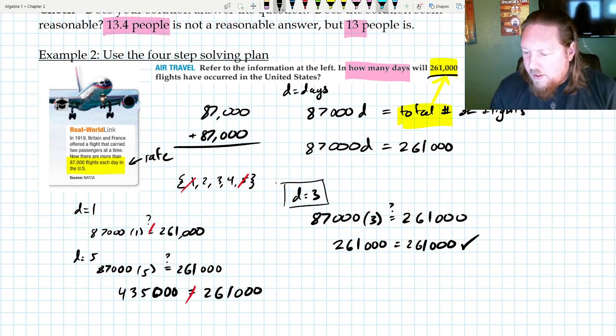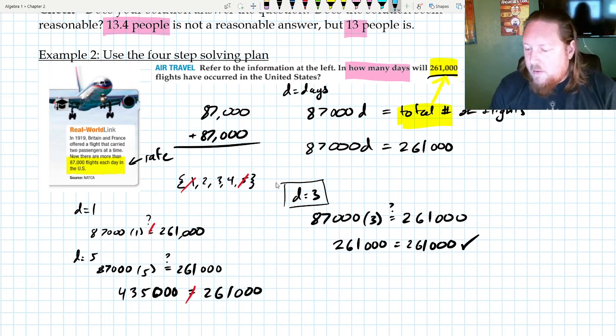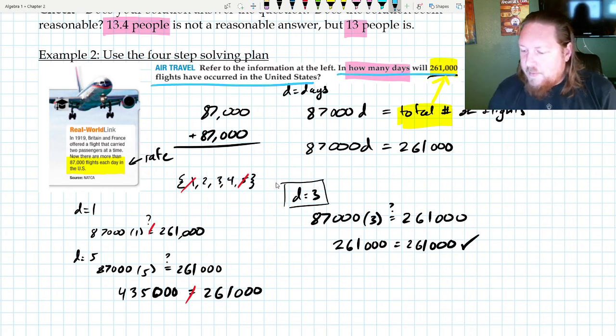A good way to write out a nice, clean, sentence-long response for a question like this is to take a look at the sentence of the question: how many days will 261,000 flights have occurred in the United States.